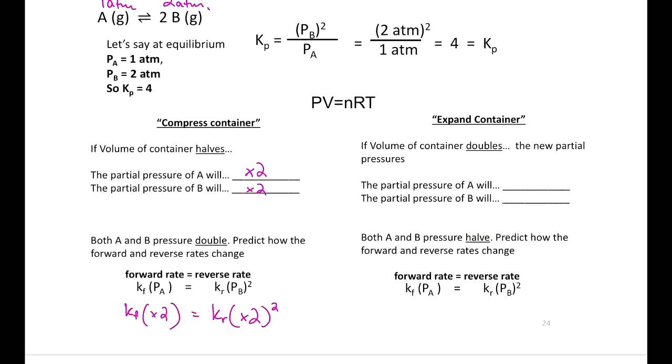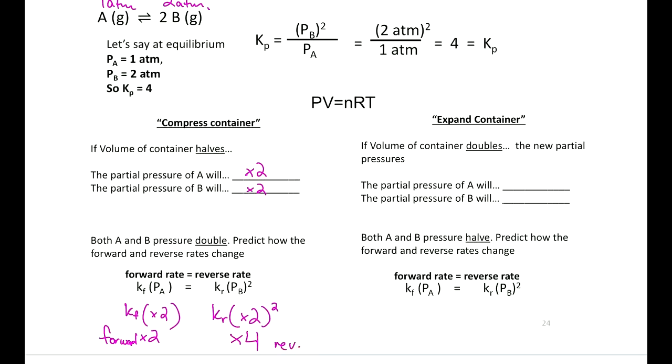So what happens the moment I halve the volume of my container? A pressure increases by double, B concentration increases by double, but because B has a square in its rate law, what we actually see is that there is a doubling effect of the forward rate law, but there is a quadrupling effect of the reverse rate law.